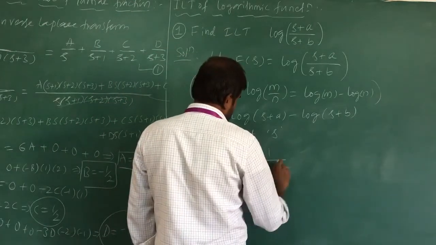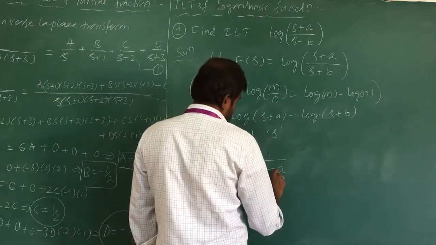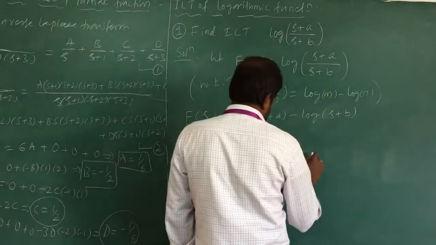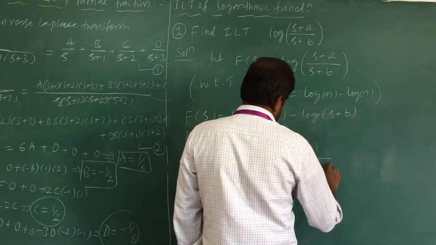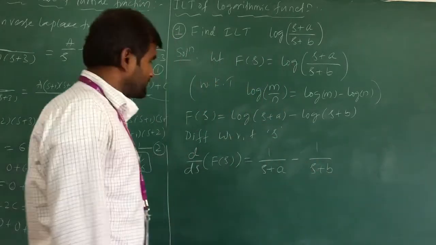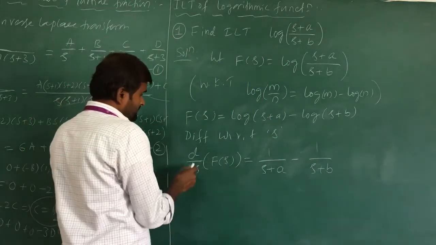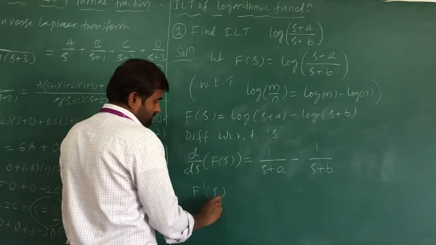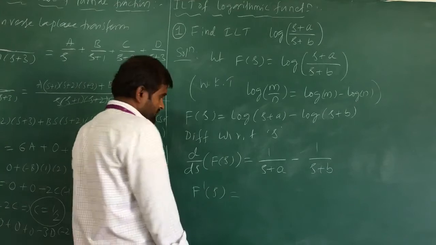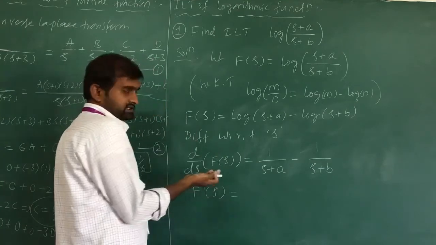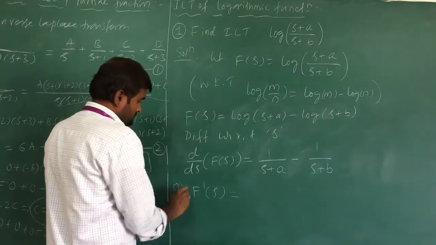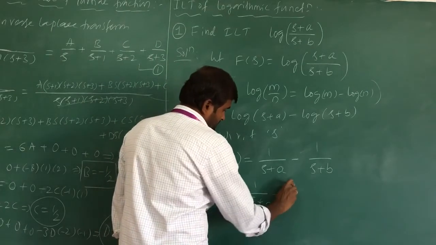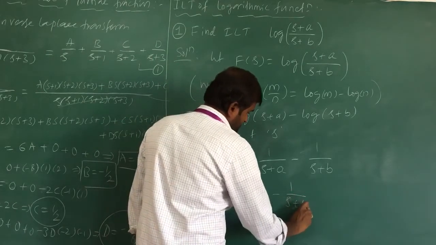Using that, 1 by (s plus a) minus 1 by (s plus b). Right? Both are the same, or you can put it like this also, no problem. Which is equal to 1 by (s plus a) minus 1 by (s plus b).